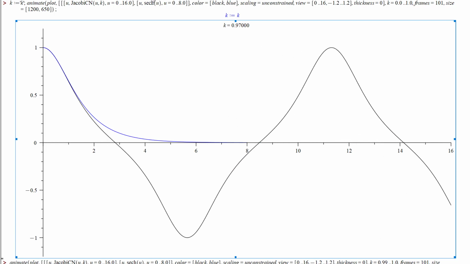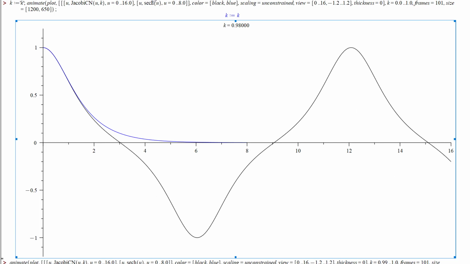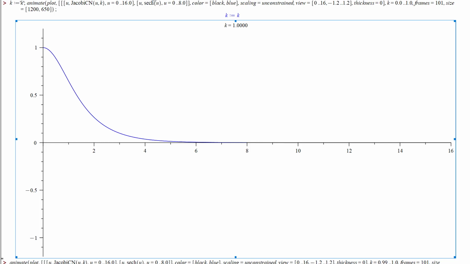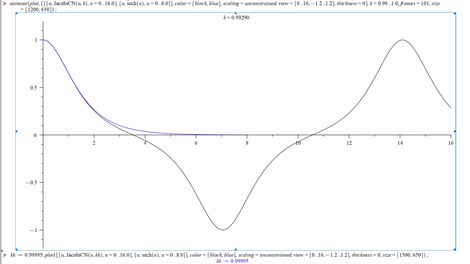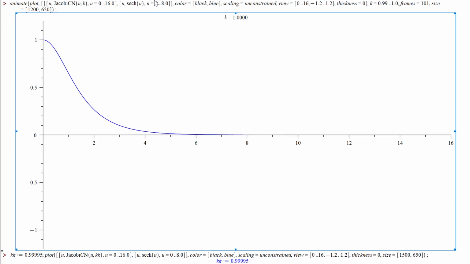But we approach the hyperbolic secant of u. That's in blue, 1 over cos u. That's what we approach. Here it is for k equals 0.99. Yep, happened pretty quick there.